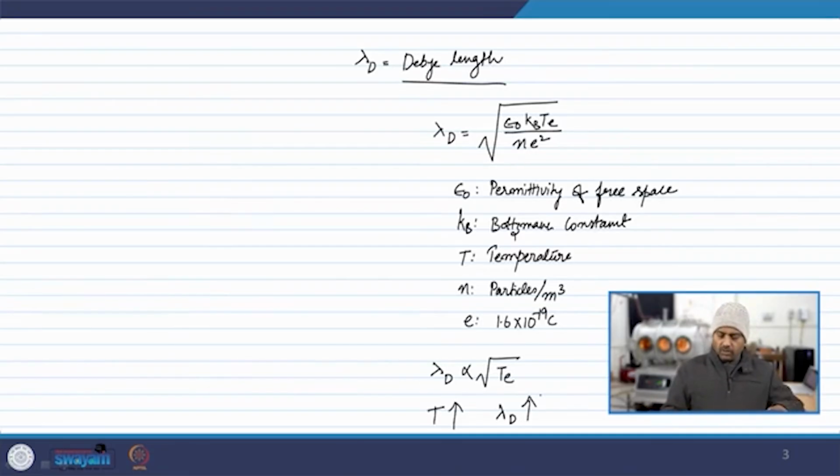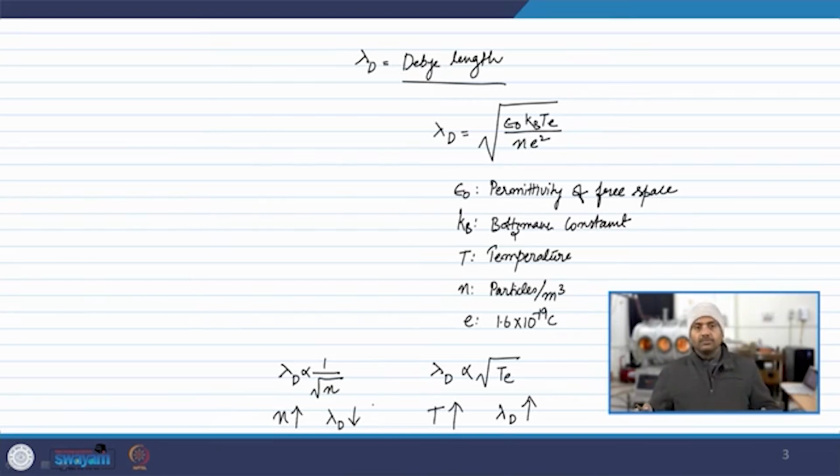And one more consequence is that the Debye length lambda D is proportional to 1 by square root of n. The number of electrons, or number of charged particles in the plasma, is inversely related to the Debye length. So, if you increase the charge density, the plasma density, the Debye length will decrease. How do we understand that?